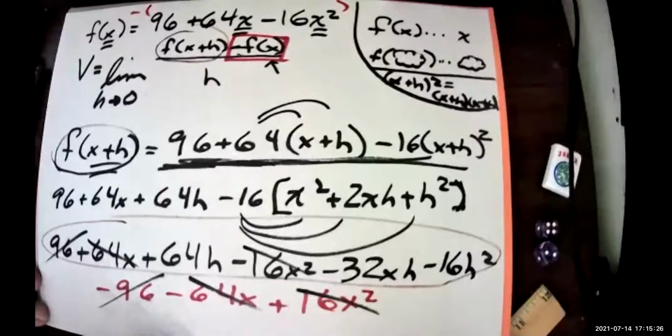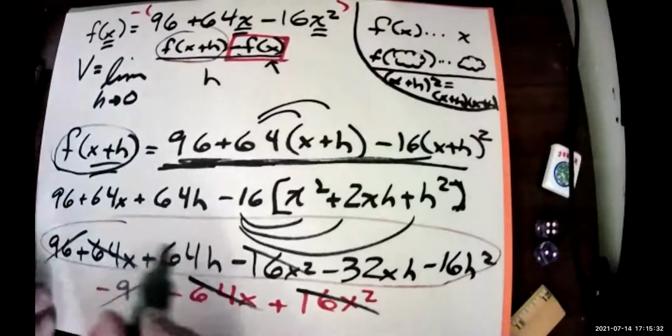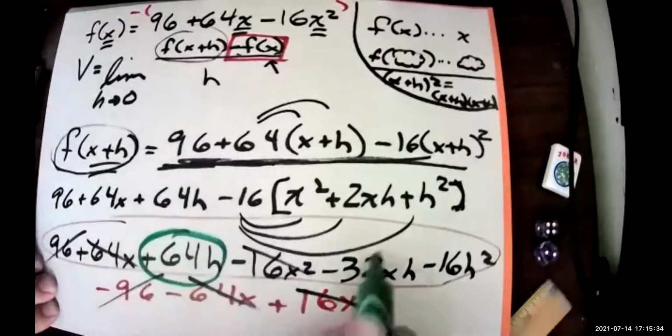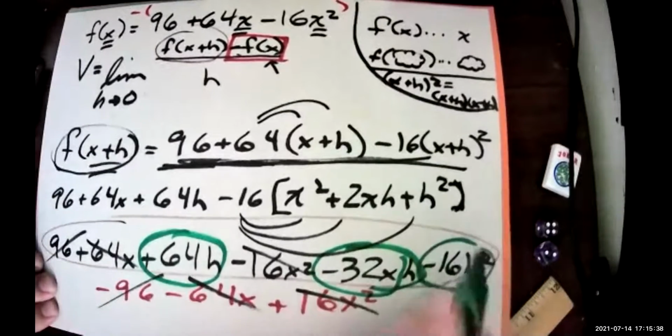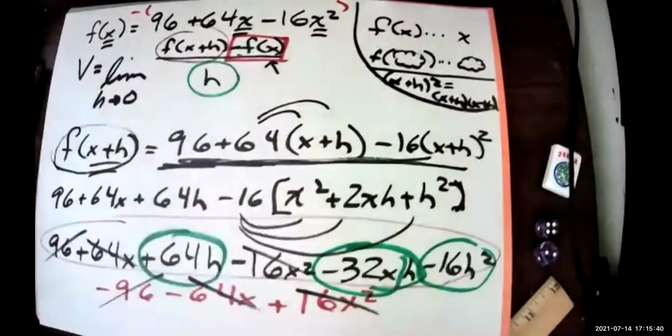And what you're left with is, don't I have a green marker? Yeah, there it is, okay. What you're left with is this one, and this one, and this one. And don't forget that it's all over h.